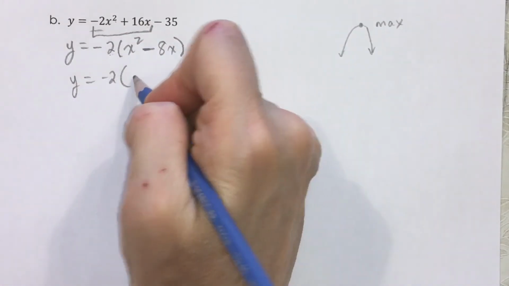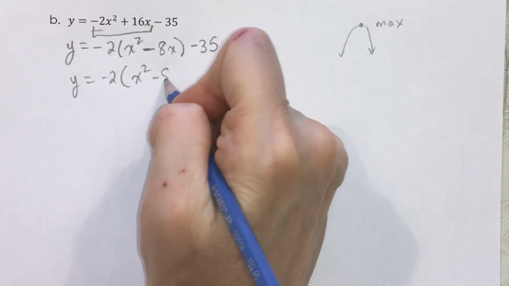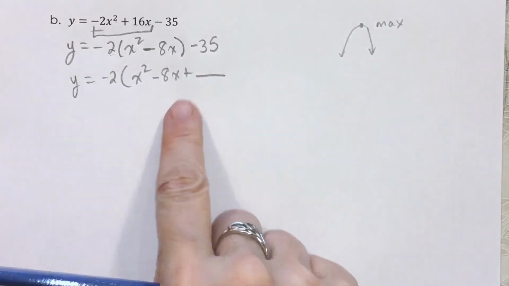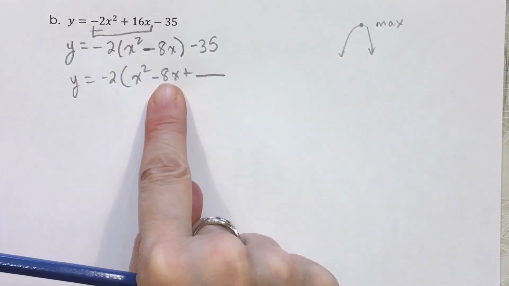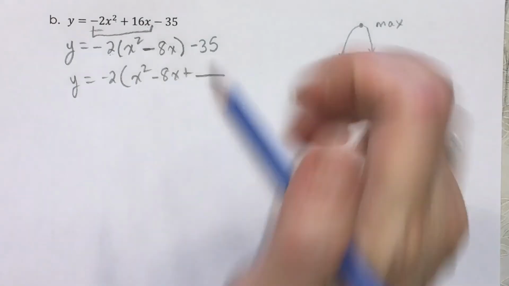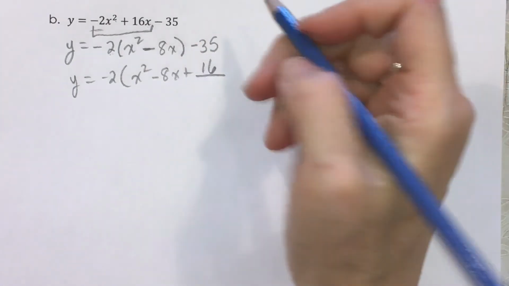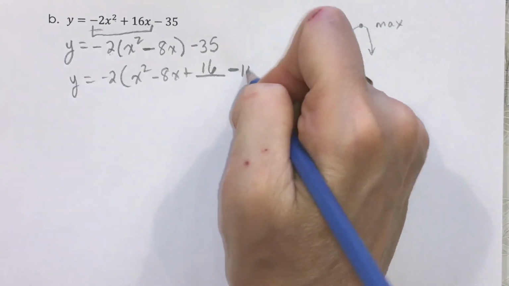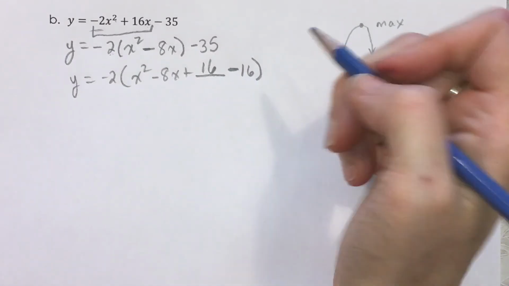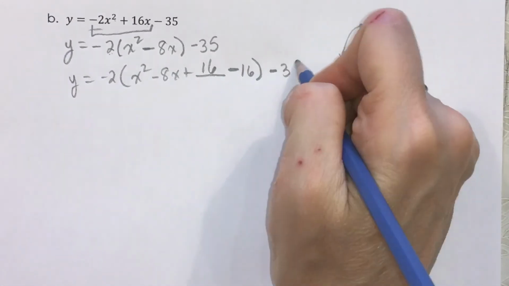Now we want to complete the square. So we're going to take half of 8, which is 4, and square it. 4 squared is 16. So add 16 to complete the square, subtract 16 to keep the equation in balance, subtract 35.